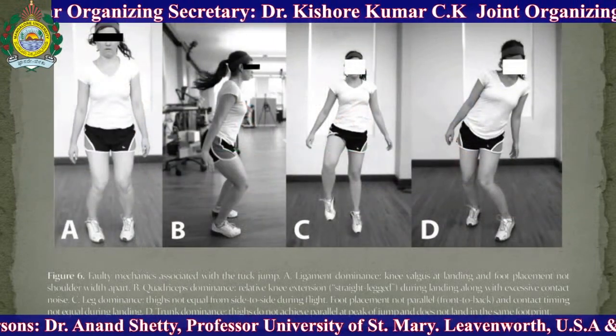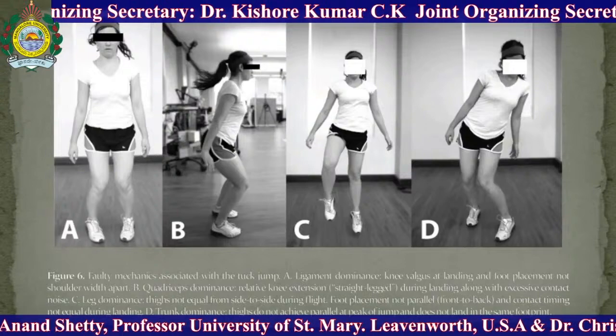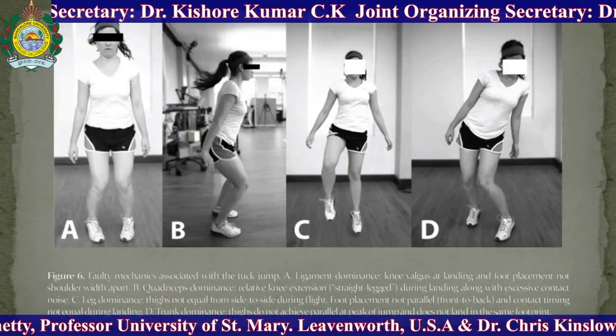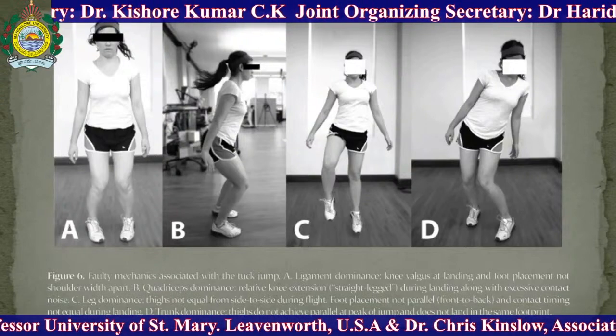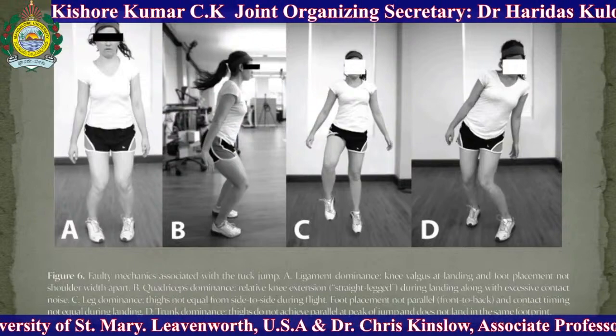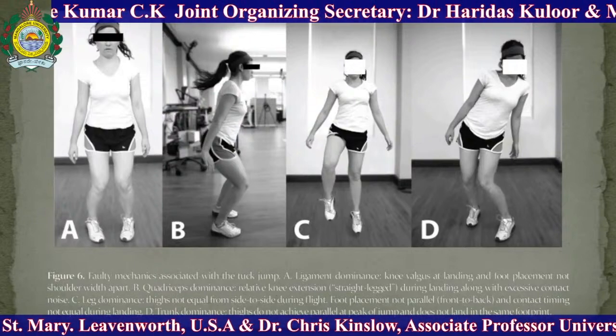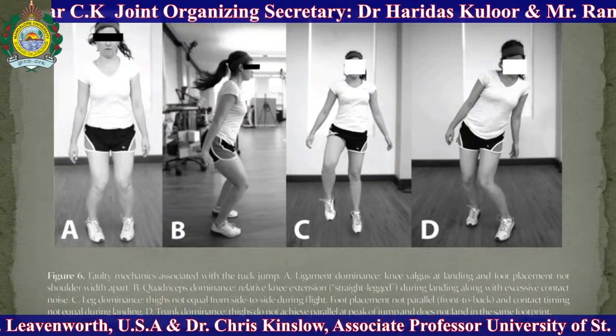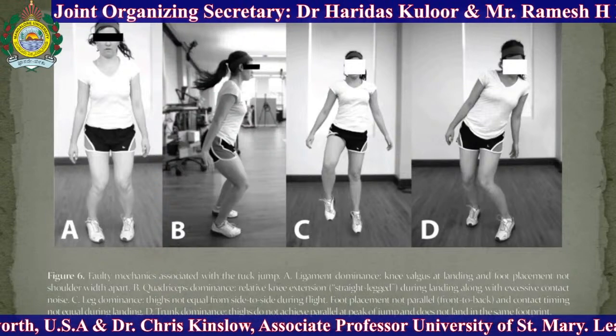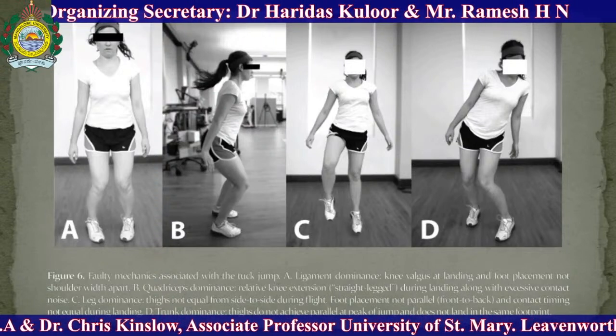This slide shows a lot of the errors we see in landing with the tuck jump, i.e. the knees torque in and have that knock-kneed position, or the knees don't bend enough and they're stiffened, and so they're maintained in a more straightened position.